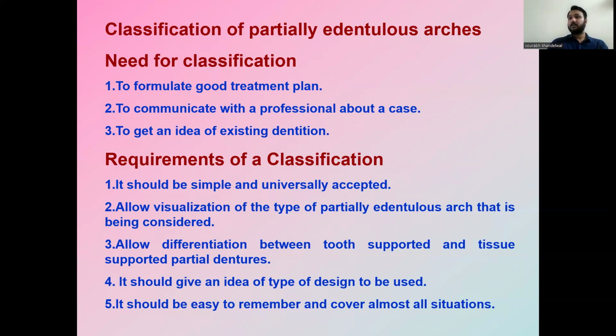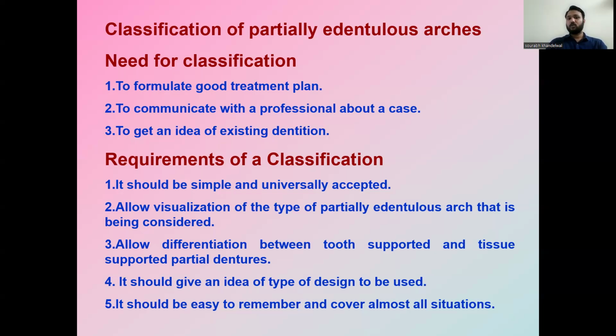So to make that guy who is in US understand, if the classification which I am following is universally accepted, it is very easy for me and for him to understand. If the classification is not universally accepted, then it is very difficult for me to make him understand, and for him also to understand what I want for this particular case.